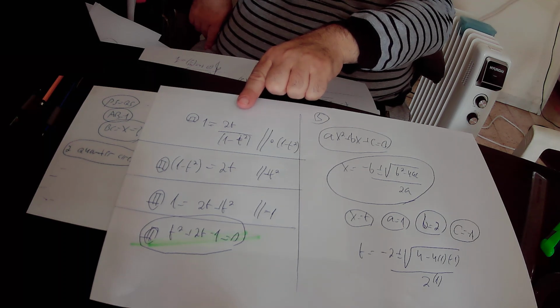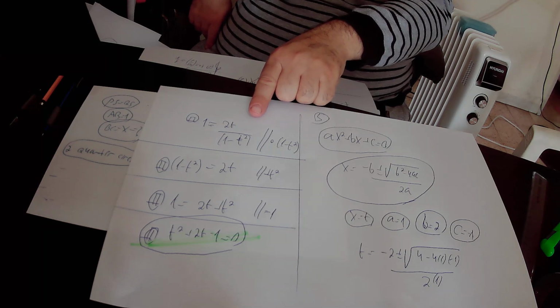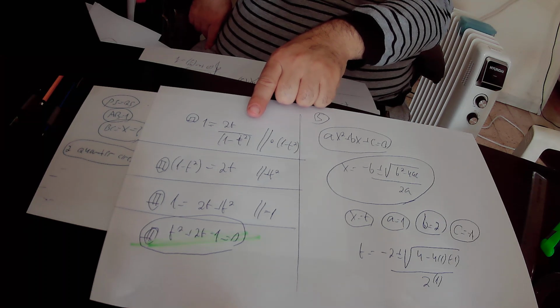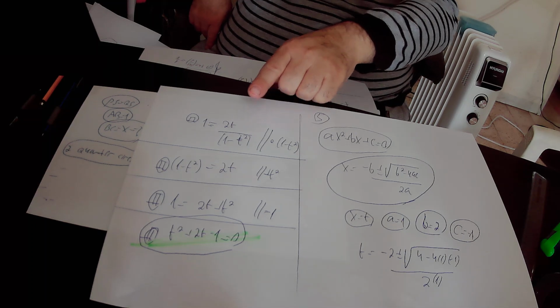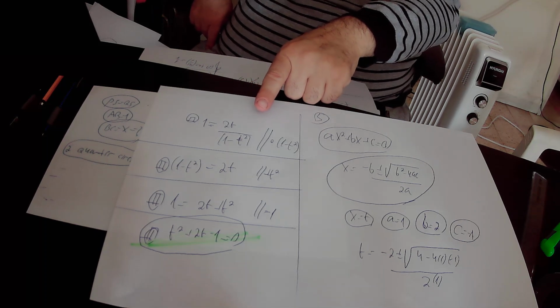So in the numerator we have 2t. If tangent 45 over 2 degrees is t, then tangent squared 45 over 2 degrees is t squared. So in the denominator we have 1 minus t squared. So according to equation number 2, 1 equals 2t over 1 minus t squared.